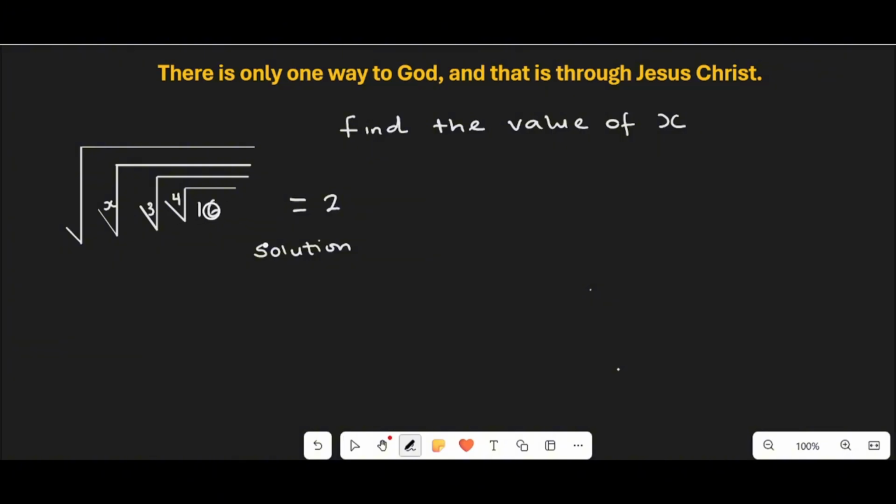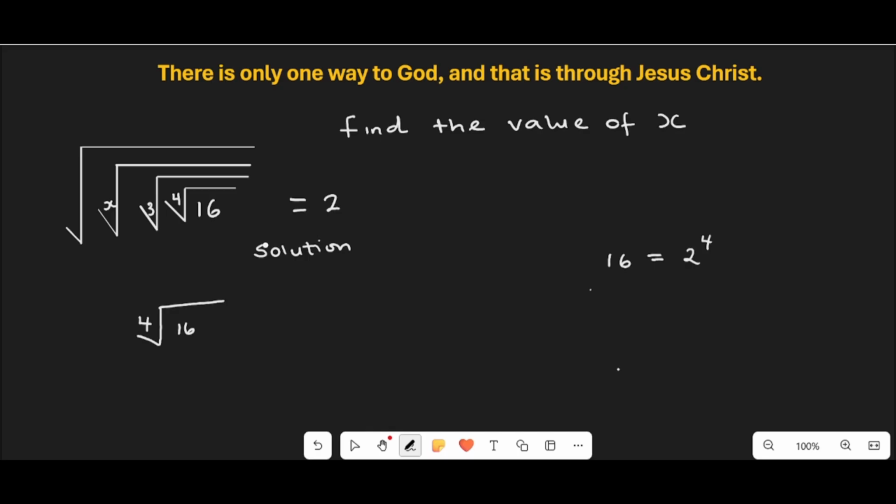Let us simplify the innermost part, the fourth root of 16, and 16 is equal to 2 raised to power 4. So let us replace 16 with 2 raised to power 4.